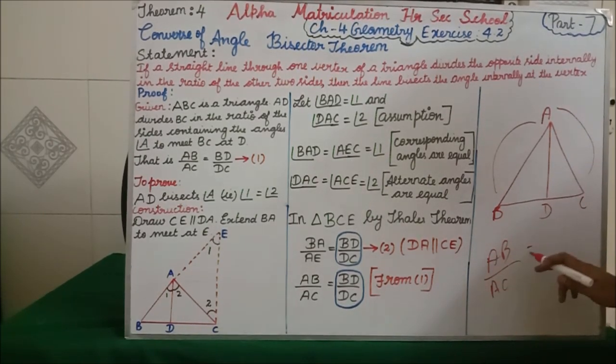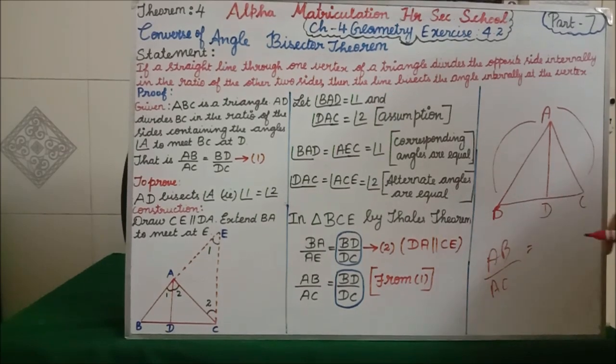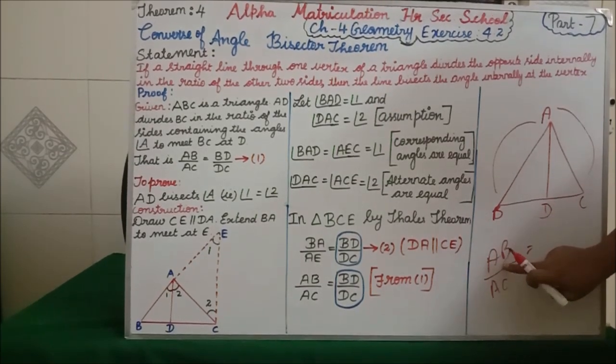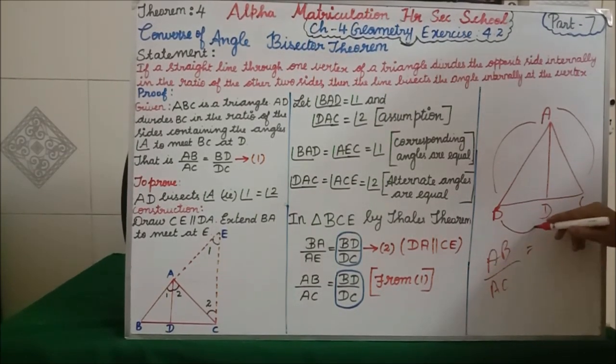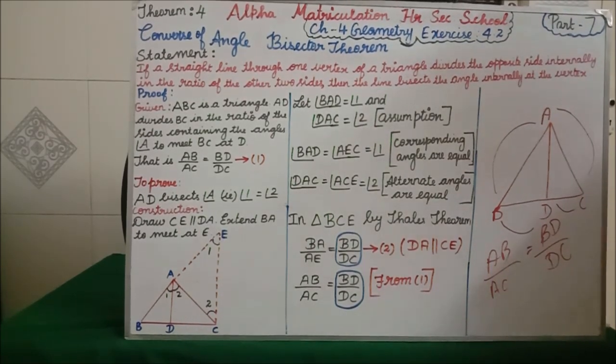Now we have drawn a line from A, so how has it divided? The corresponding side for AB is BD. Clear? The corresponding side for AC is DC. Clear? This they have given in the question.